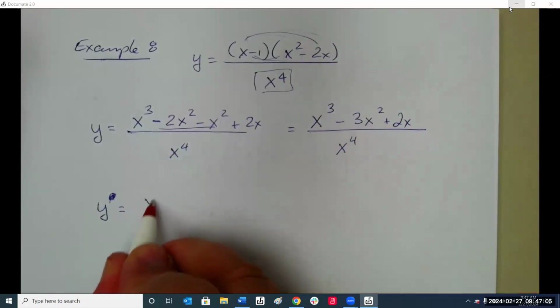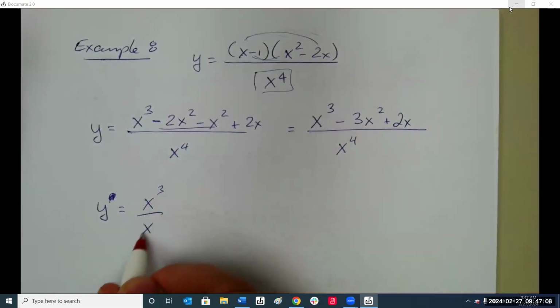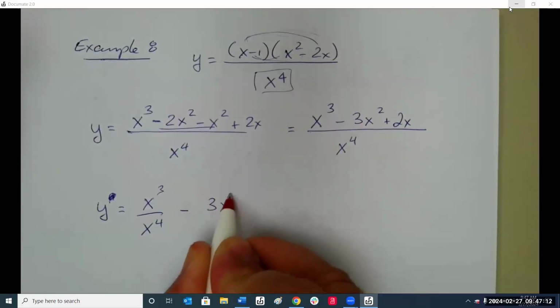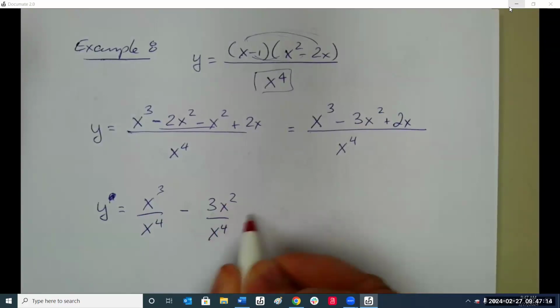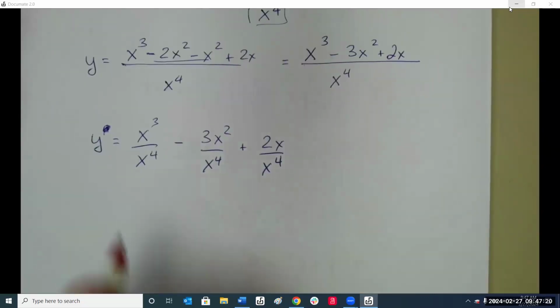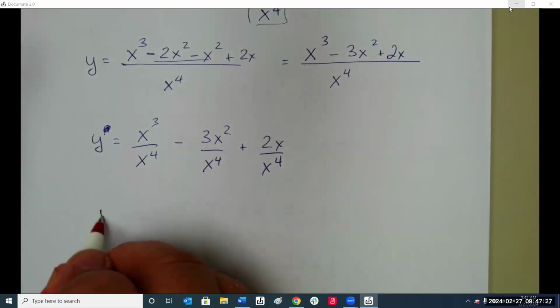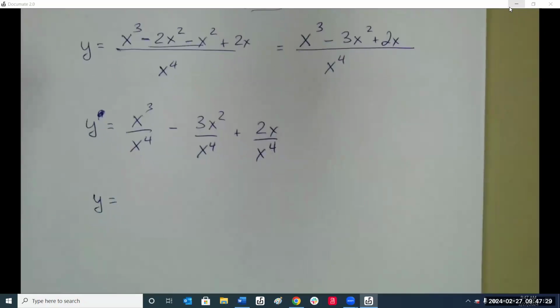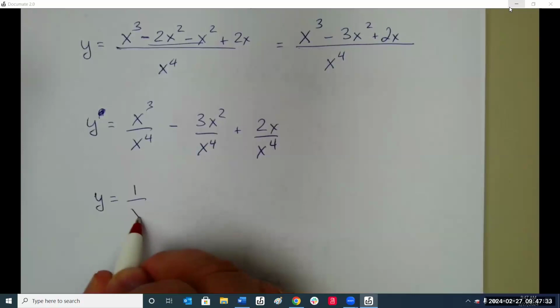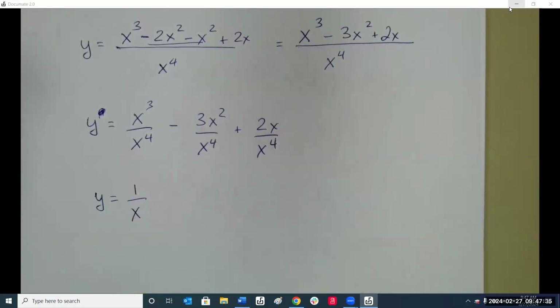Now we take each one of these separately and divide by x to the fourth. So x cubed over x to the fourth becomes 1 over x.